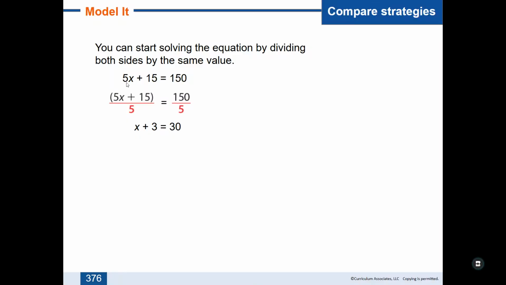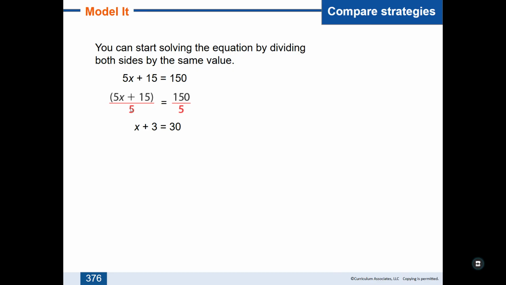Another way that they did this is by dividing both sides by the same value. When I divide a grouping like this, if I'm dividing this side, I can't just divide one thing. That doesn't make it balanced. So what I have to do is divide each term by 5. So I get 5x plus 15 divided by 5 equals 150 divided by 5.